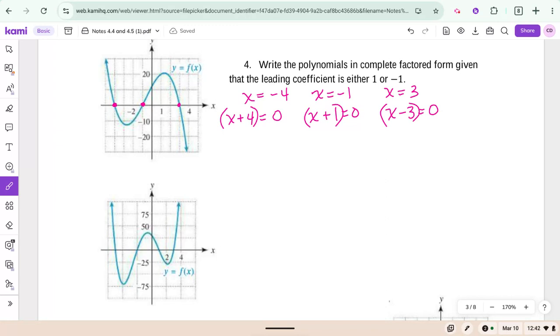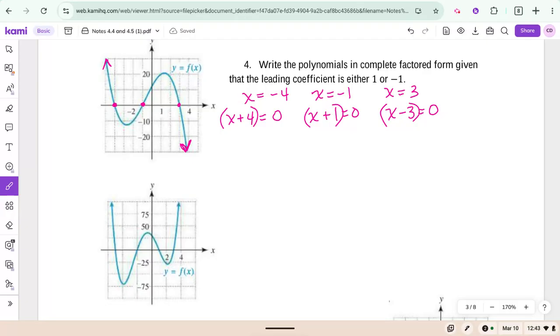Now, we talked about, I believe, that when you have an odd degree function, your ends point in different directions. So this is as we would expect. And you can tell what the right side does by the leading coefficient.